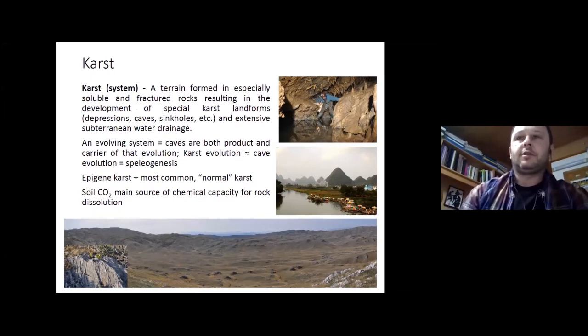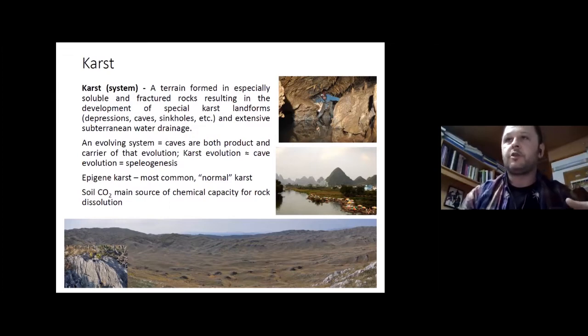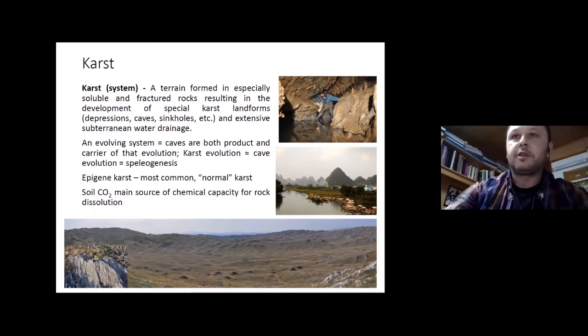Mostly it's limestone or carbonate rocks, but it can also form in other soluble rocks, like evaporites, such as gypsum or salt. What is interesting is that a specific surface topography forms, and also extensive subterranean drainage. So the water goes underground and creates all these nice caves, as you can see here, for example, in the picture.